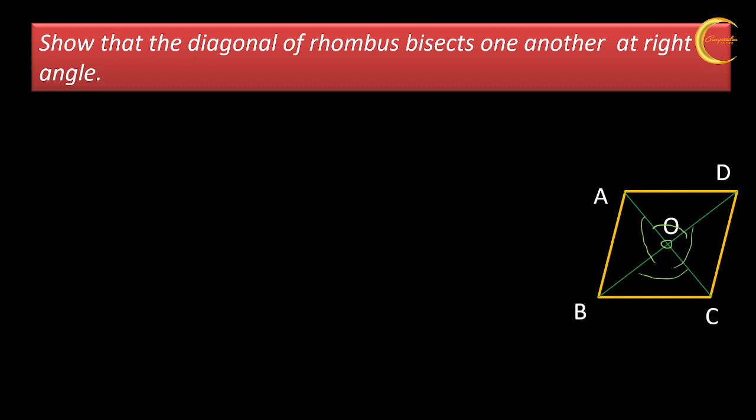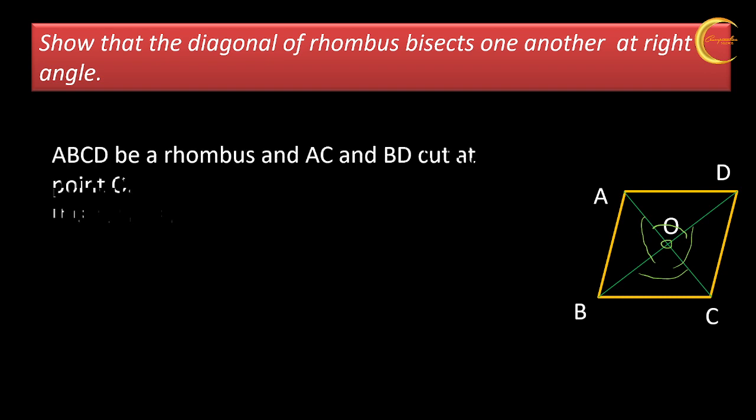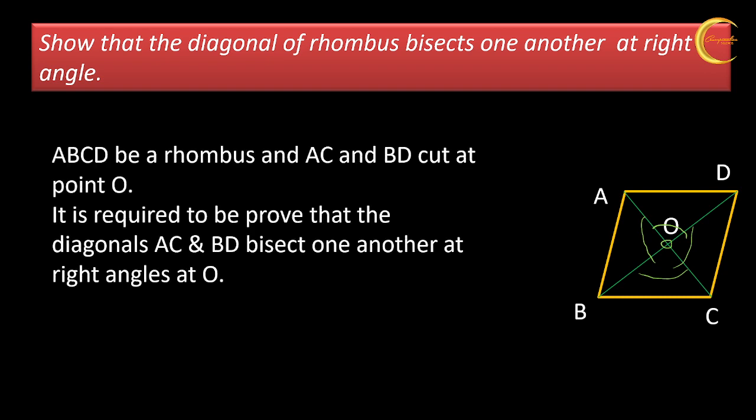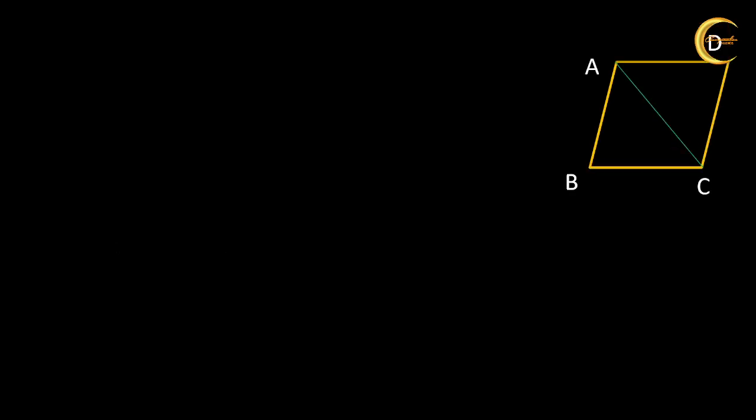Okay. Now we see here this rhombus ABCD, and AC and BD cut at point O, and it is required to be proved that the diagonals AC and BD bisect one another at right angles at the intersecting point O. Now see the proof.